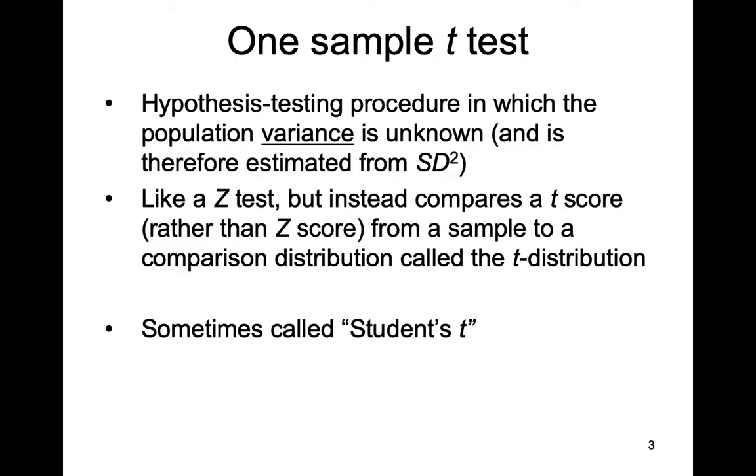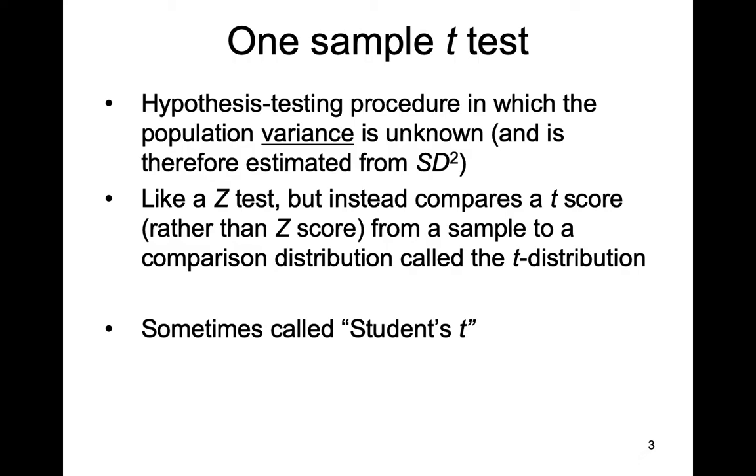So sometimes this t-test is called the student's t, and this is after the person that created the statistic. This is written up in the chapter, but it turns out that the person that created the statistic worked for the Guinness Brewery and was doing statistical tests to try to calculate things like crop yields for barley.